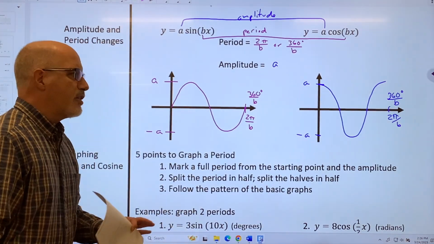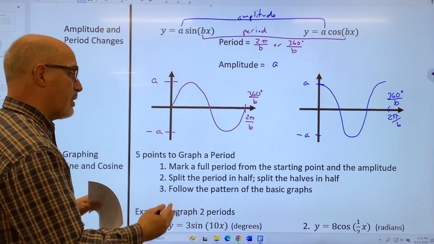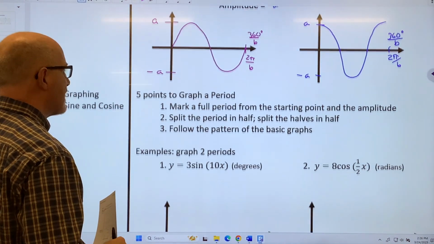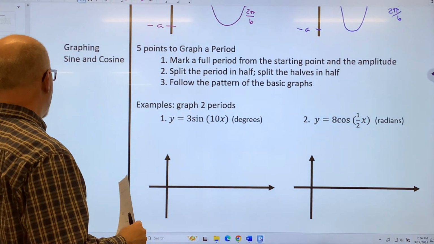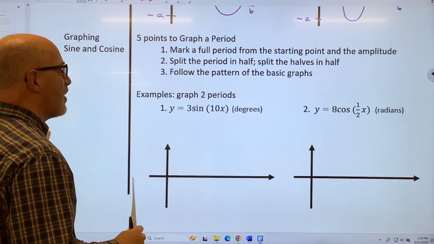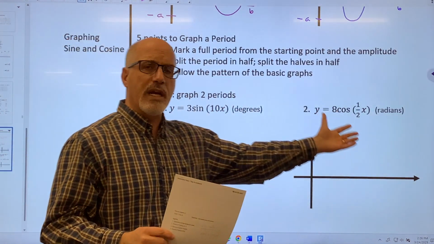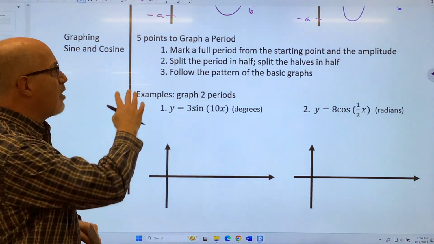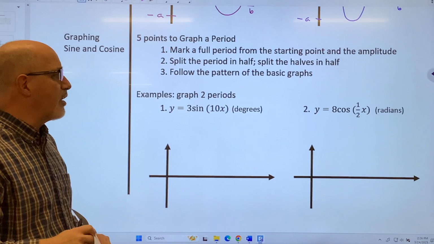So now what we want to do is be able to take these values and come up with graphs using some steps. I'm listing out the steps of what I call the 5 points to graph the period. First of all, we'll look at our equations. We'll do this one in degrees, this one in radians, so we see that you can do both. This will help us lay out what the period and all the key points are on the graph.